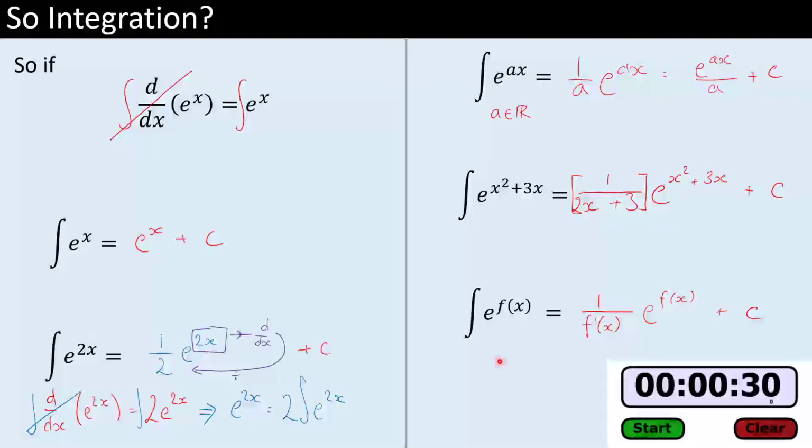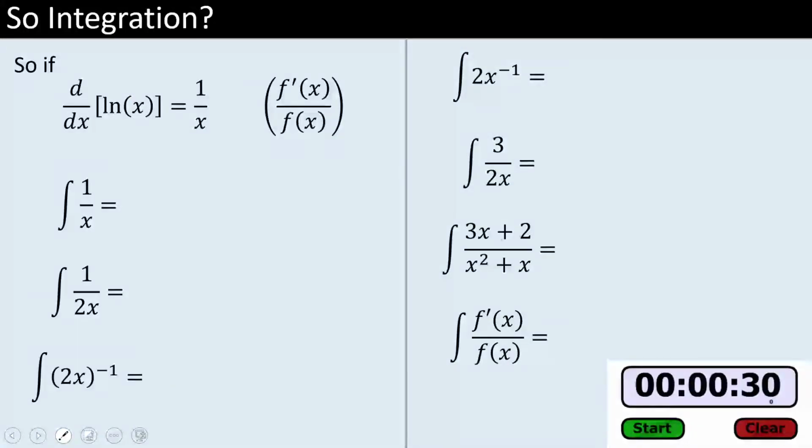So, logarithms, okay? This is where things are going to get equally as interesting. So this is what we've established so far.